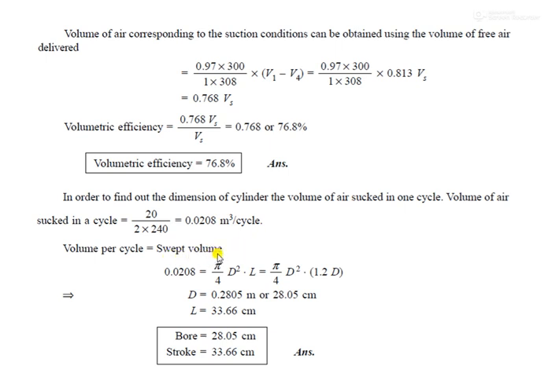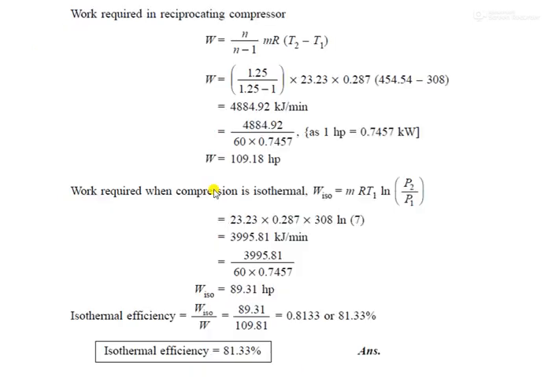And this will be equal to the swept volume. So the swept volume per cycle is 0.028, and that should be equal to pi by 4 d square into L. From this expression, we are given the ratio d by L as 1.2. So instead of L we can use 1.2 d, and from this expression we can find out the values of d and L.